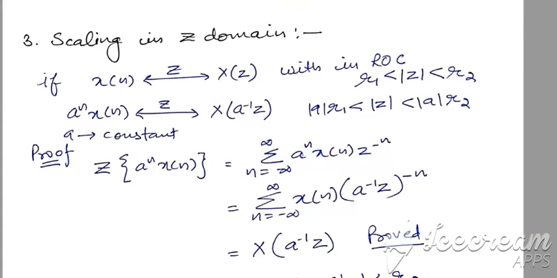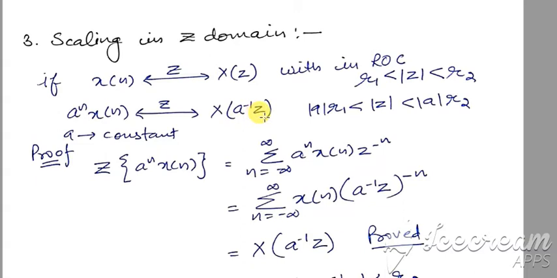Next property which we are going to discuss is scaling in Z domain. Now in this property, if the Z transform of x(n) is equal to X(z) with the ROC mod of z is greater than r1 and less than r2, then the Z transform of a raised to the power n multiplied by x(n) is equal to X(a inverse z).